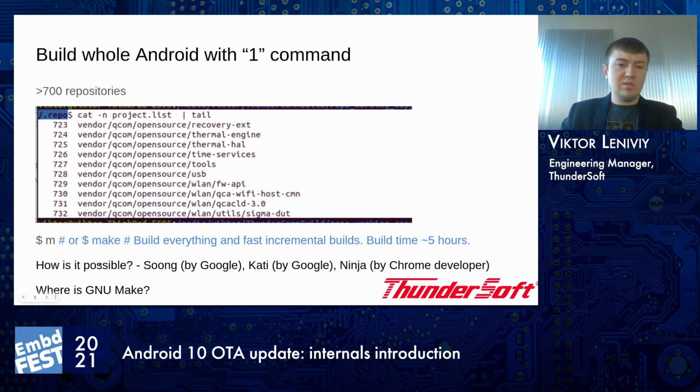And you may think, where is GNU Make? Anyone who checks the Android sources can see many makefiles there. But for Android, make is already history. The plan was set to move from it to different tools which will allow faster and more scalable builds.